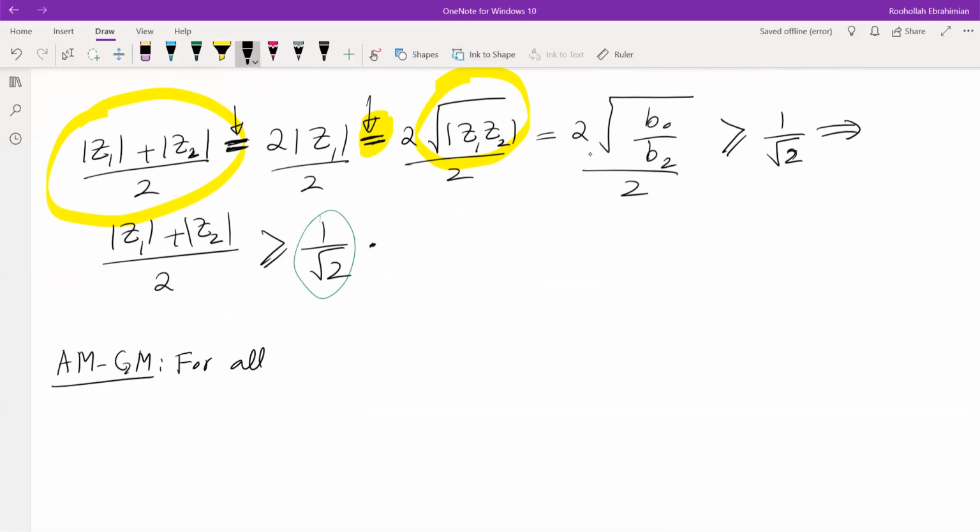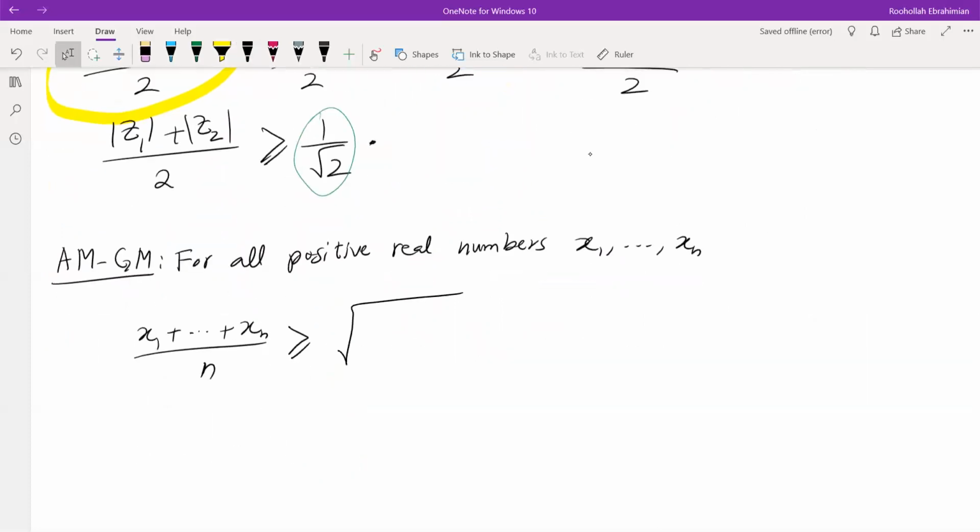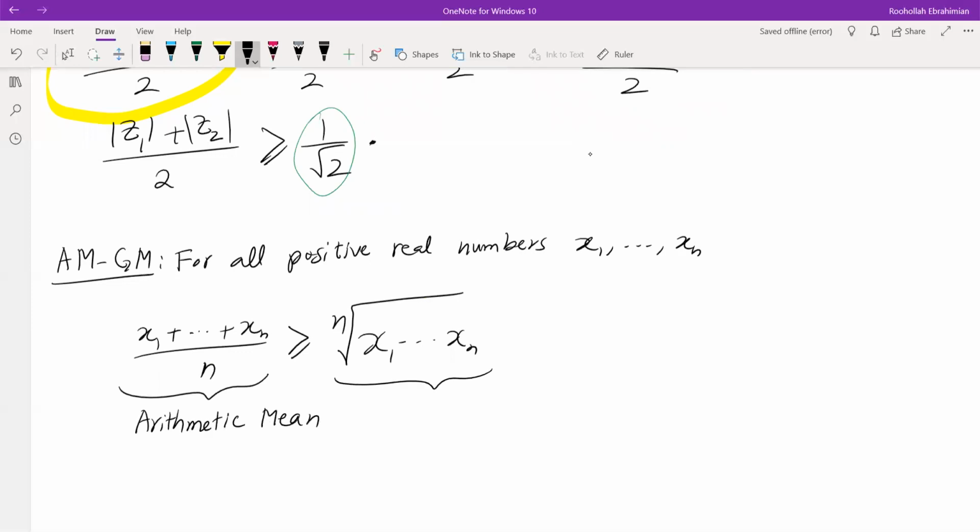For all positive real numbers x1 through xn, the sum of them divided by n, that's called the arithmetic mean, is at least the geometric mean.